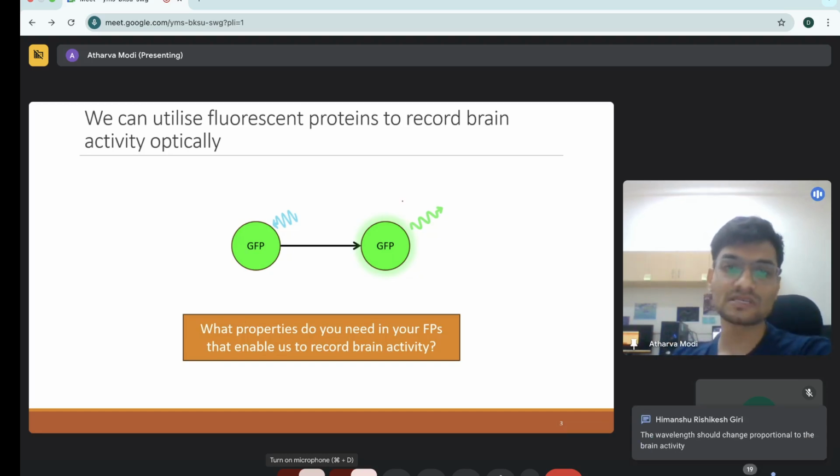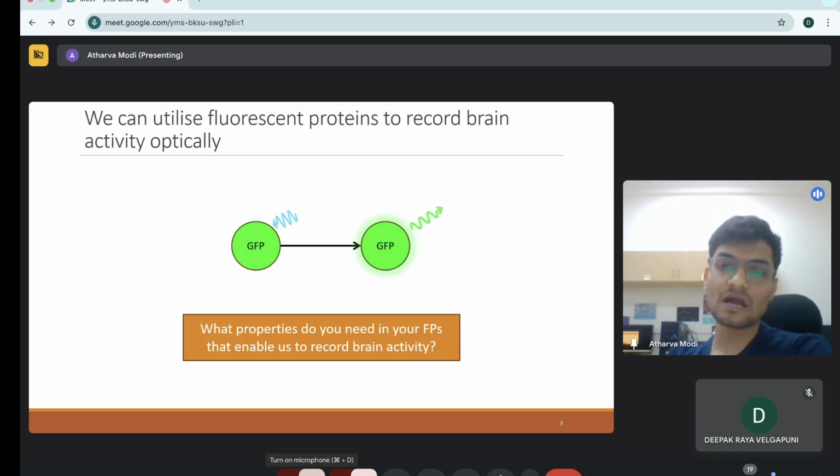So let's say if you want to measure voltage inside the brain region, then this output intensity or whatever properties of this output should change based on that particular measurement you want to do. So if there is high voltage, this intensity gets high, or if there is low voltage, this intensity gets low, something like that.